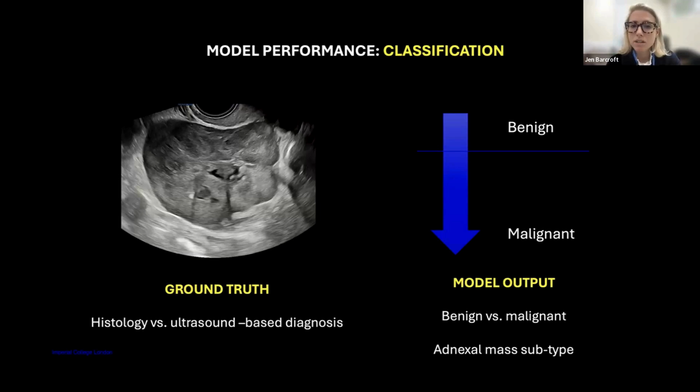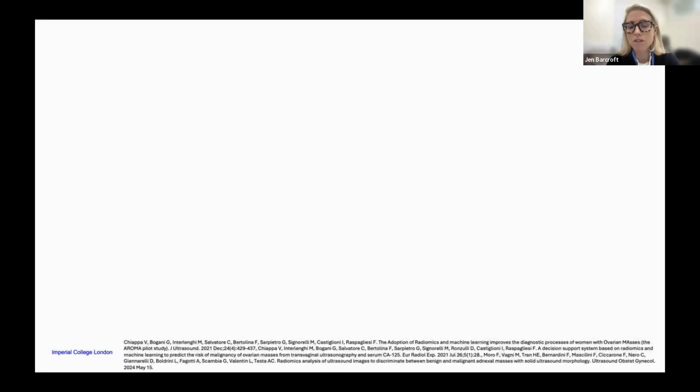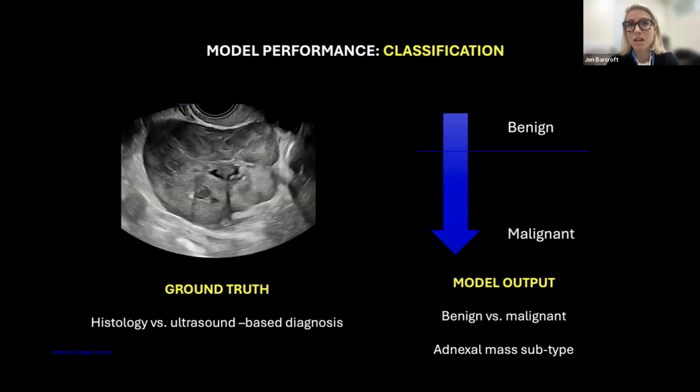So to tackle this and give a fair assessment of models, if we're thinking about all masses in the community, we need a model that can look at all masses and classify them appropriately. With that in mind, we used histology, which was linked for all cancers, but we also used an ultrasound-based diagnosis as the ground truth.